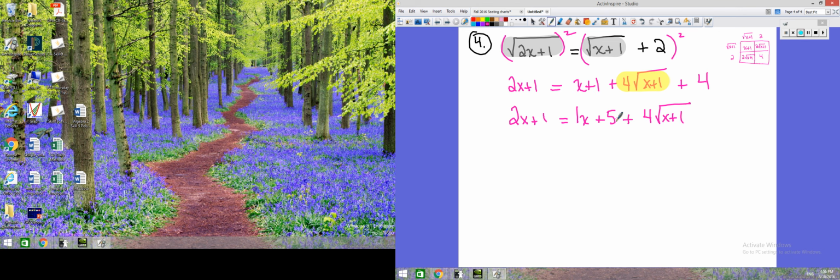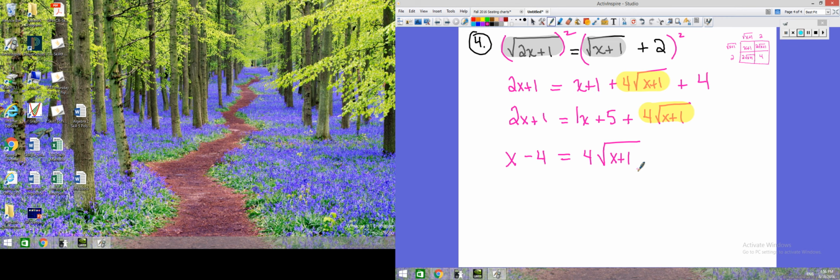So these two terms I need to get on the other side because what am I doing? I'm trying to isolate the radical. I need to get that term by itself. So I have x. If I take away x from each side, if I take away 5 from each side, I get x minus 4 is equal to 4 times this expression.